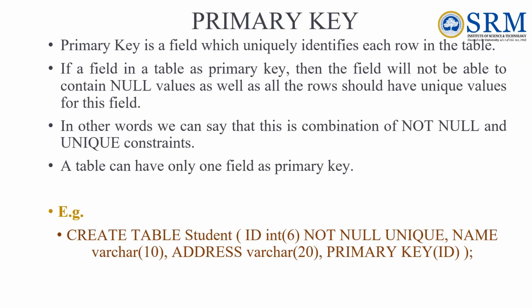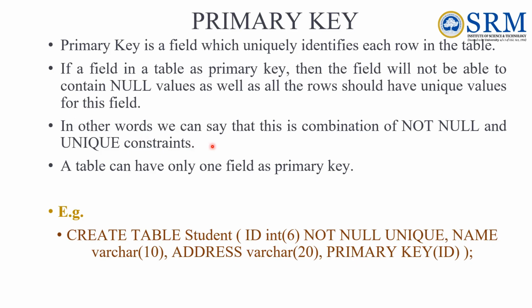Coming to primary key. A primary key is used to uniquely identify a row. It identifies each row in a table. If a field in a table is a primary key, then the field will not be able to contain any null values, and all the rows should have unique values for this field.